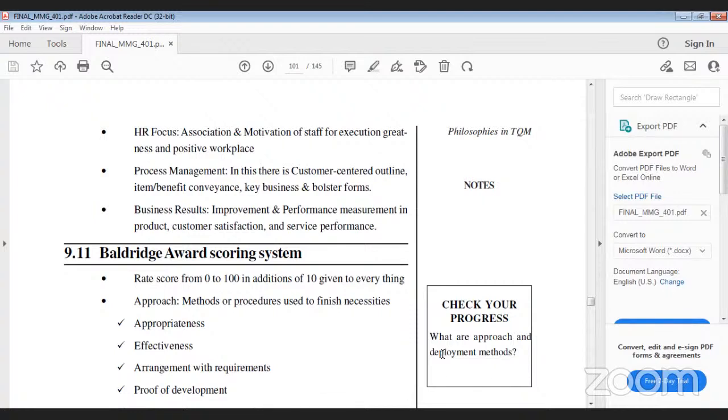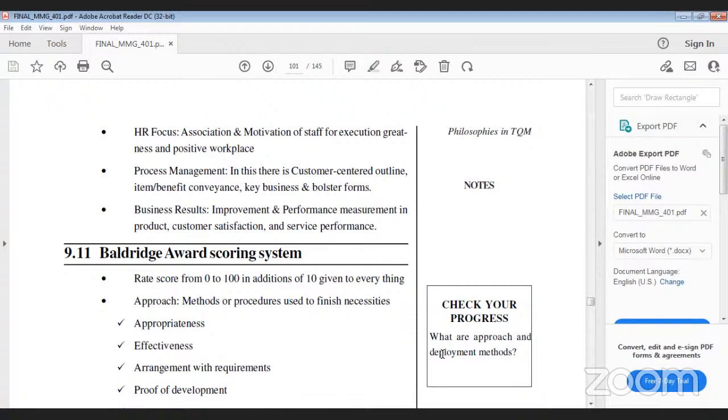Next point is the Baldrige Award scoring system. He has given some scoring system, and the rate of score is from 0 to 100 in additions of 10, given to everything. Approach is the method or procedure used here.